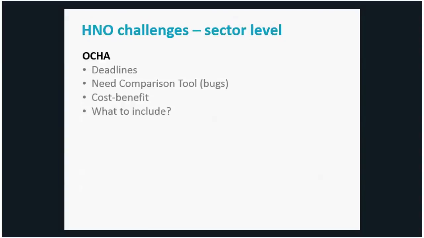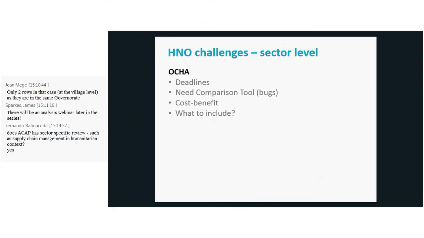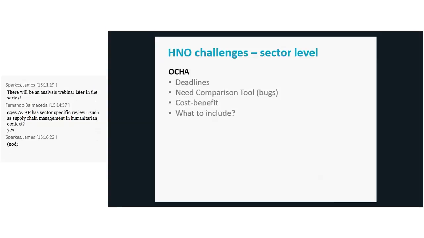The challenges that many felt with reporting through OCHA were that they many times had short or impossible deadlines without any flexibility. Some of the tools from OCHA came with bugs that were difficult to clean up. They were just too complicated.